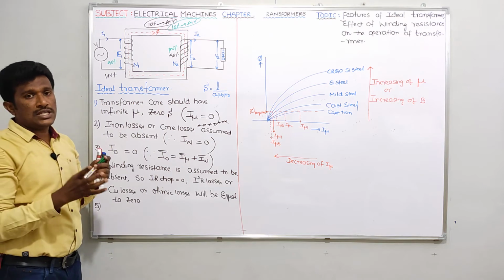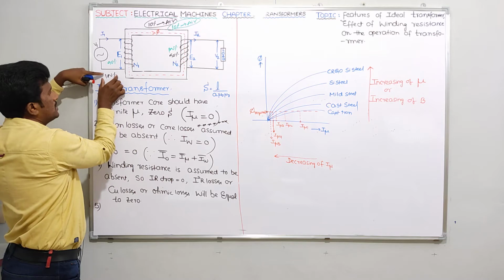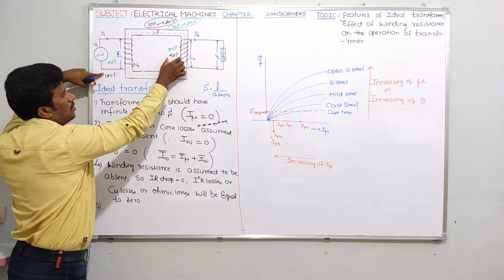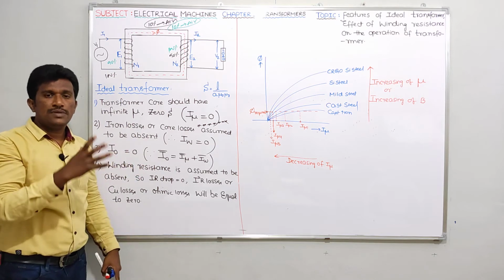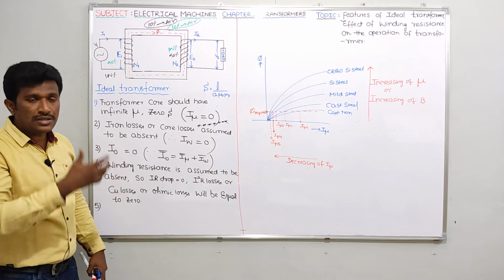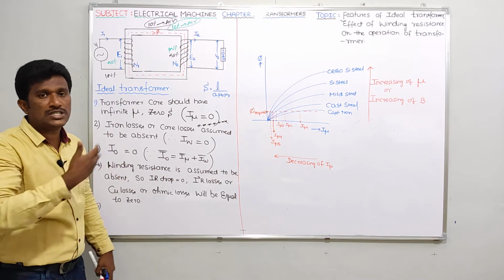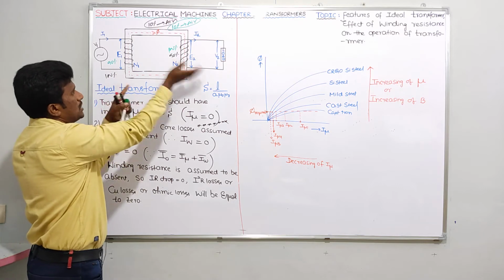That means if flux links with both windings, for example the 90% flux, it can be called useful flux, or mutual flux, or working flux. Useful flux is important because it is involved in the power transfer function.